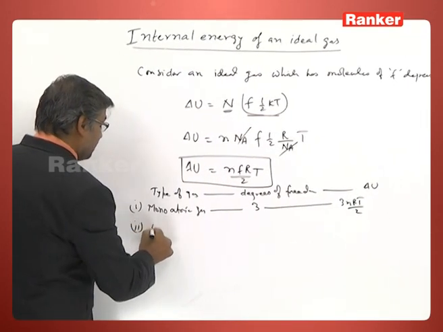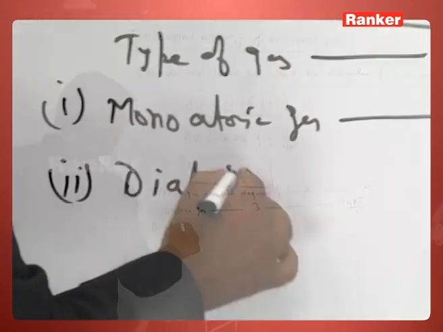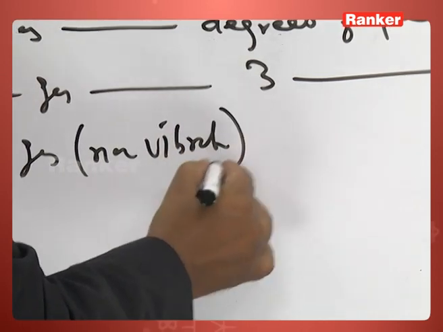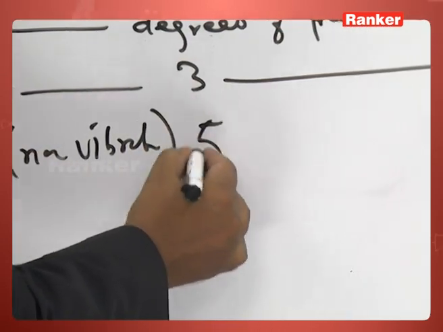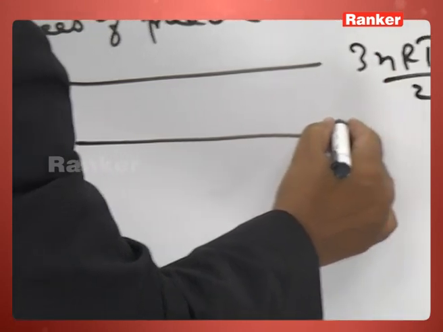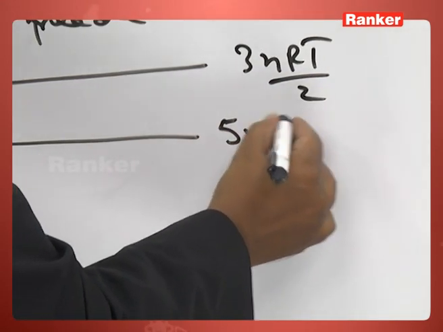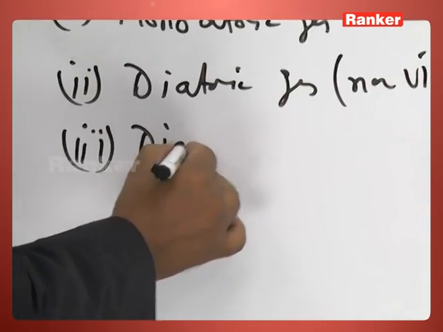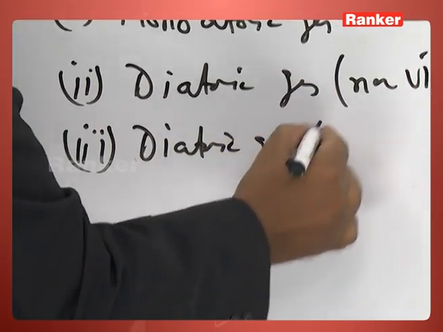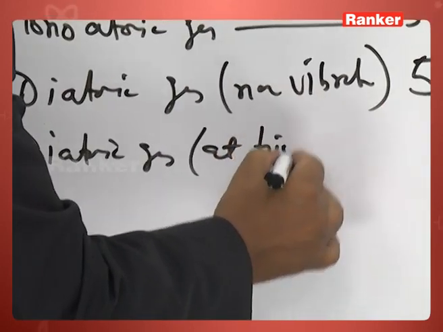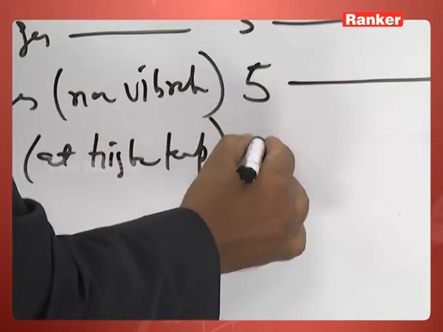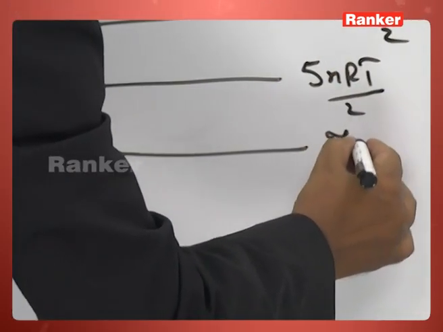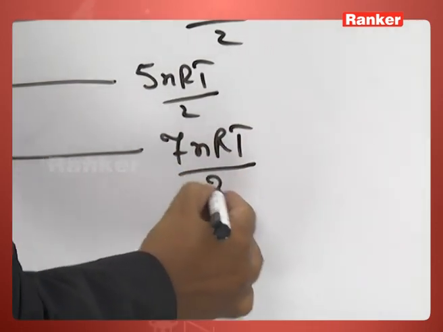If we have a diatomic gas, non-vibrating, that is at low temperature, it has 5. So, this is 5 nRT by 2. If we have a diatomic gas at higher temperatures, where the degrees of freedom will be 7, 2 more, then it will be 7 nRT by 2.